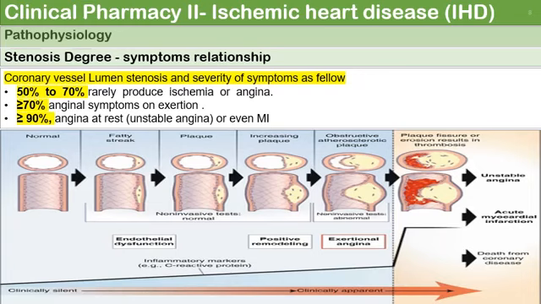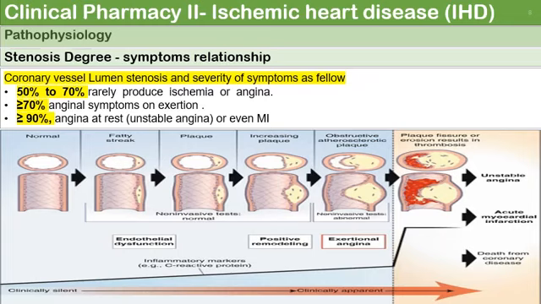Like in this diagram, we show normal, and then fatty lipid started to accumulate inside the lumen of the coronary blood vessel, forming a plaque. The plaque size increases until the lumen diameter is reduced. Okay, in this case, exertional angina will be more overt and more symptomatic.